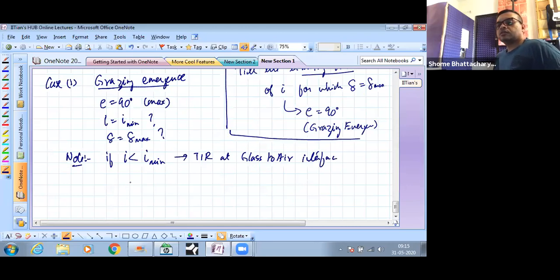So again, mu sine r2 becomes sine e, which becomes 1. So r2 becomes sine inverse 1 by mu, which is nothing but the critical angle for the glass.